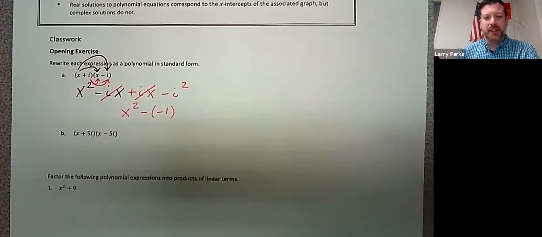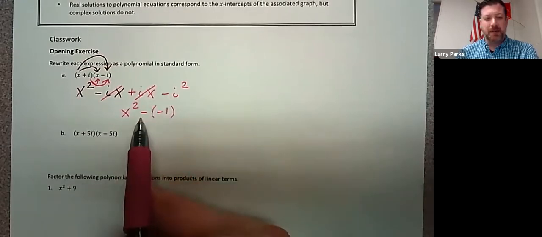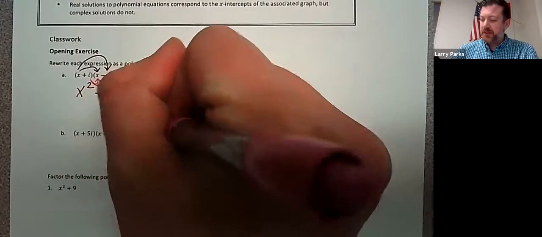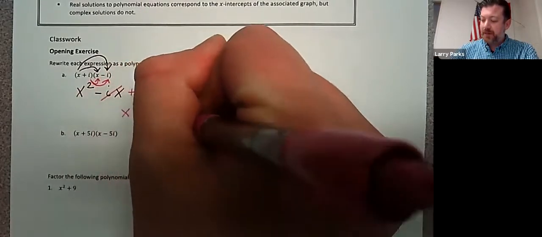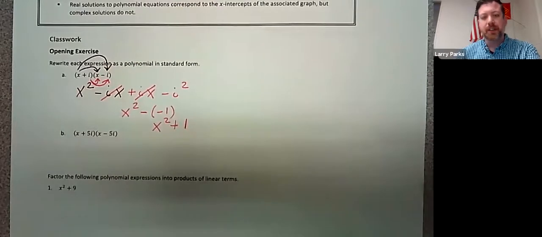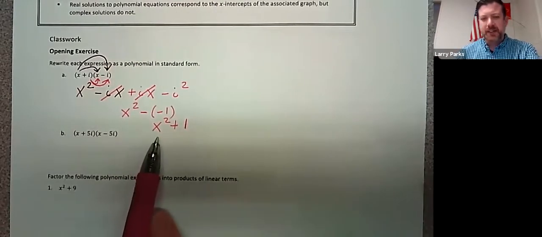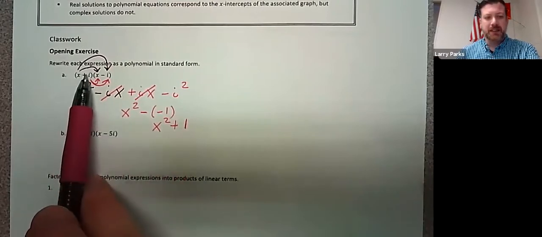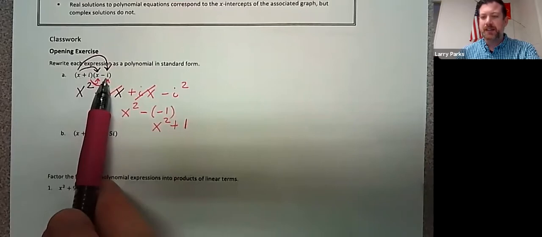So if i squared is negative 1, and I brought down my minus, the two minuses would make a plus, and I'd get x squared plus 1. So what that means is if you needed to factor x squared plus 1, it would be x plus i, x minus i.